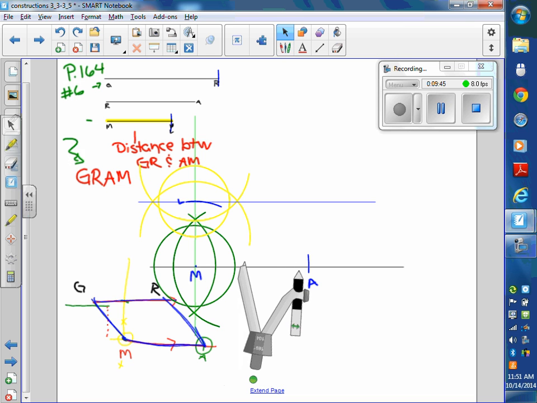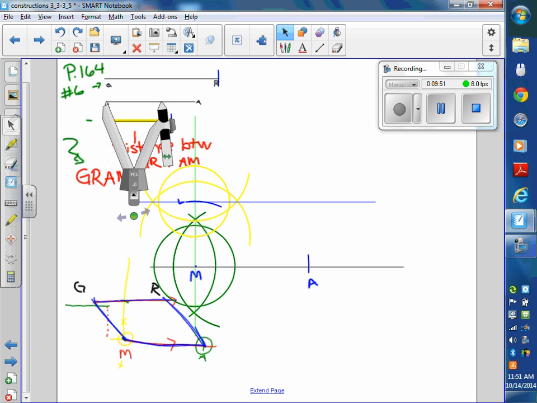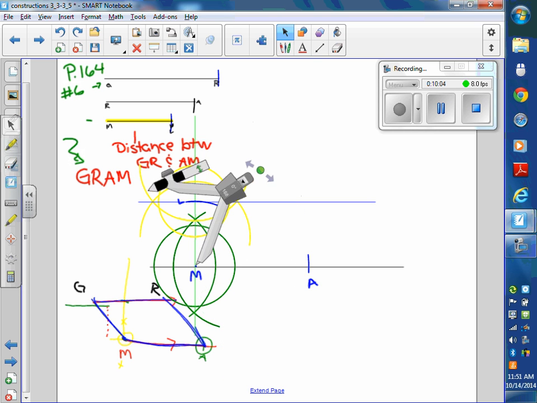So I have to take my compass, and that's the same as RA, the same length. So I have to measure that length. So I have that length here. So I'm going to put my compass on my M and I'm going to mark it off up here.